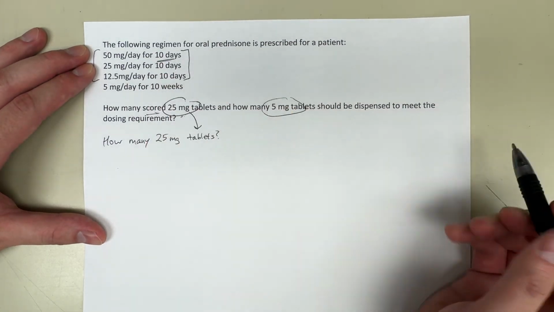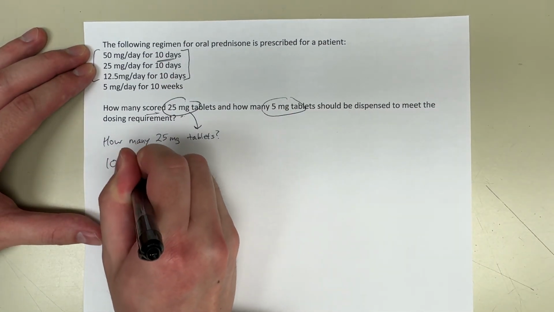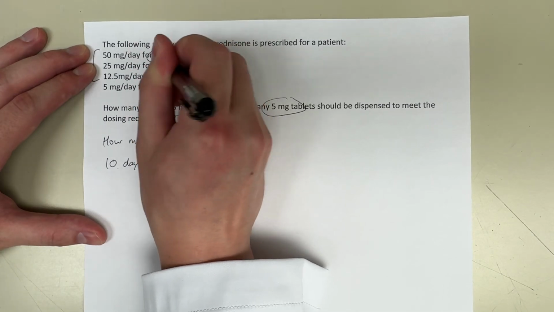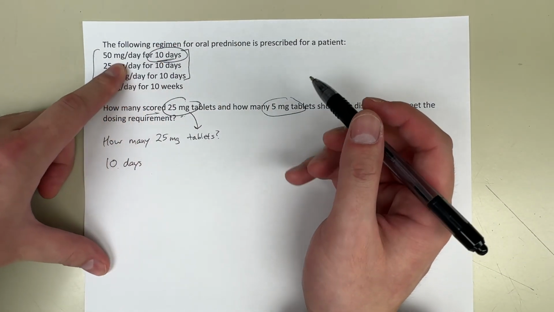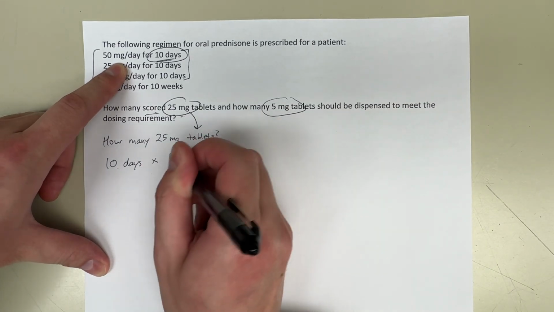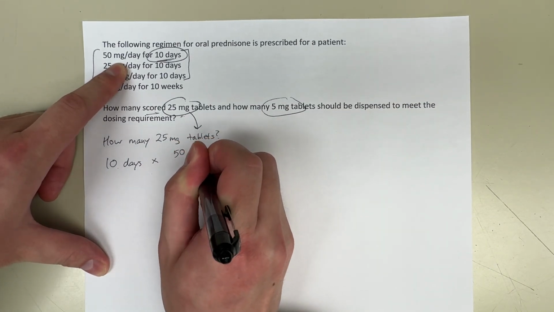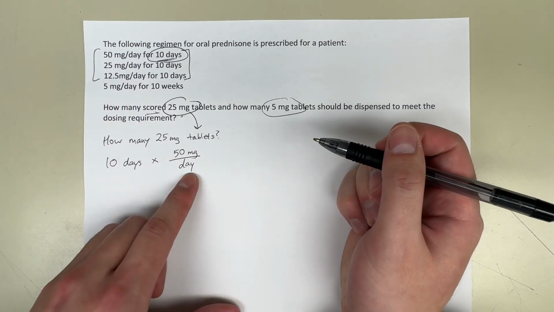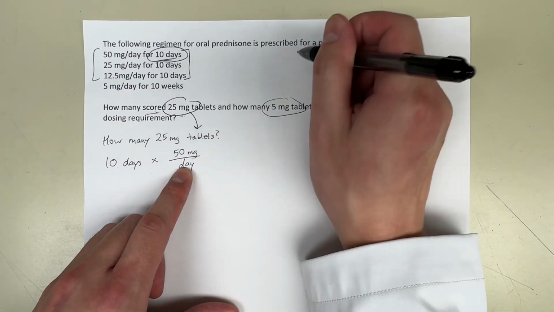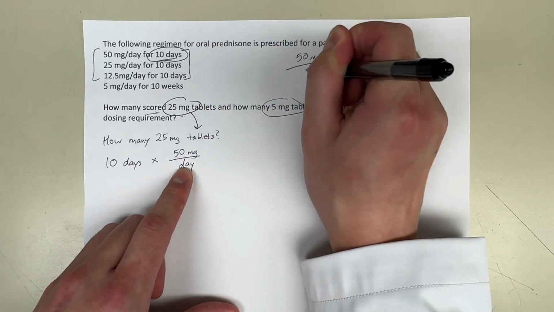So in this case, it's 10 days. And in these 10 days, you're going to be using 50 milligrams per day. So I'm going to write my ratio like this: 50 milligrams per day.